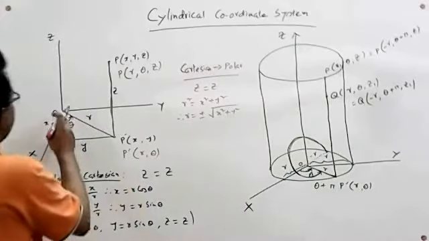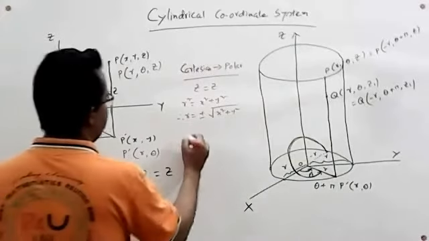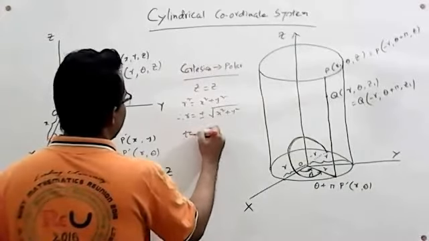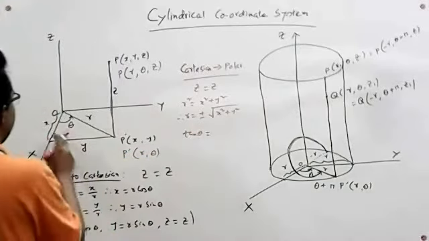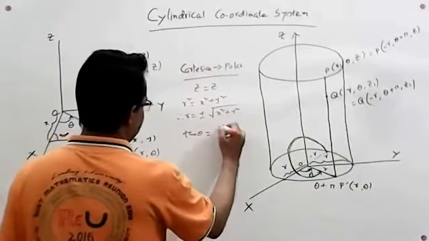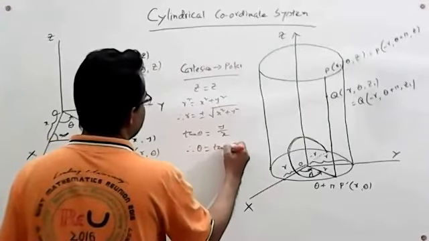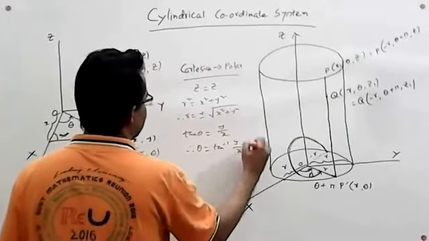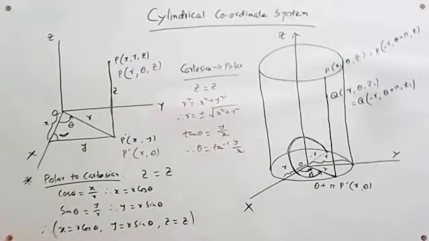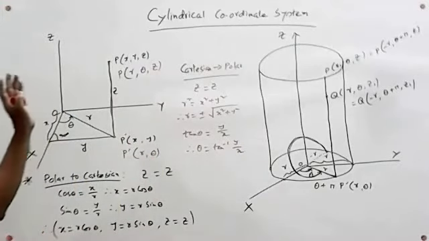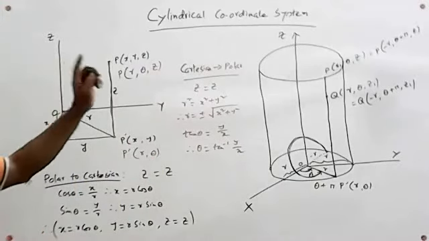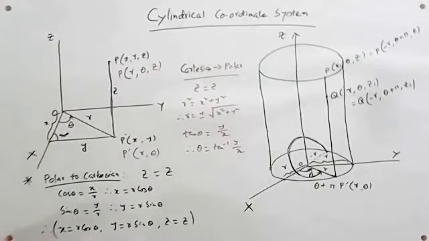Also, if we use this triangle, we have tan theta equals y over x. That is, theta equals tan inverse y by x. Therefore, we can use these relations for finding polar coordinates from Cartesian coordinates.